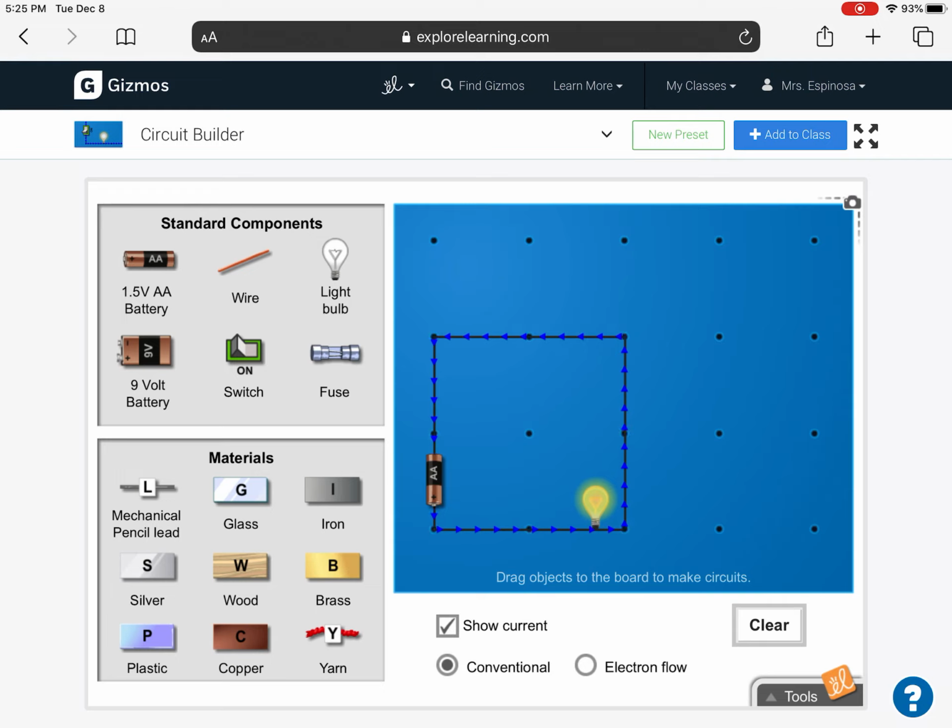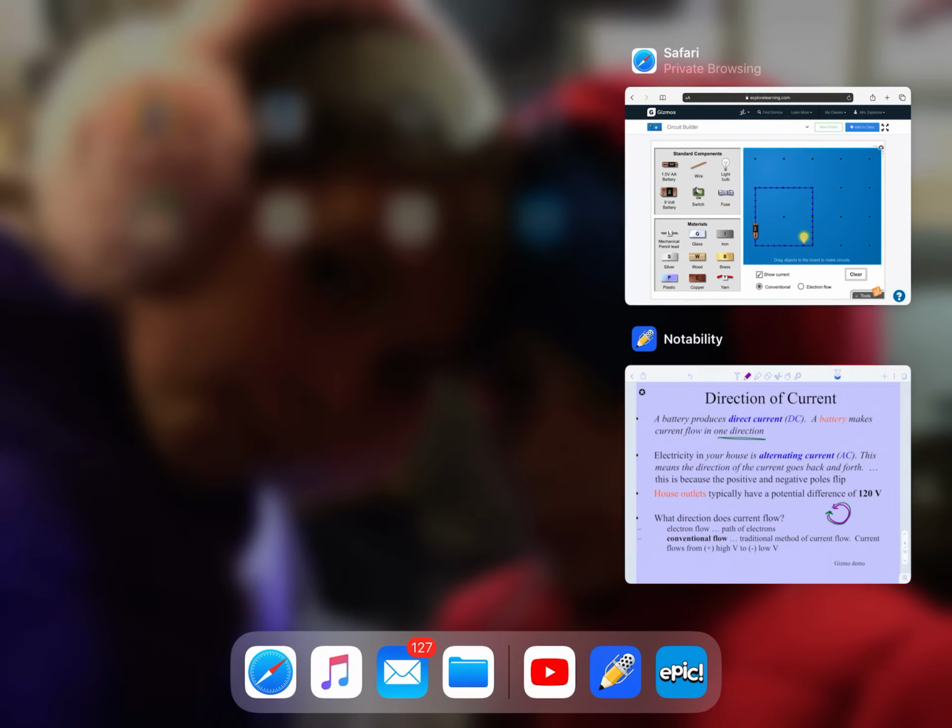And since electrons are negatively charged, and originally they thought that it was positive charges that were moving, it makes sense that the direction of the conventional flow is opposite from the direction of the electron flow, okay? So I don't want you to stress over what the electrons are doing compared to the conventional flow. I would like for you to understand that they are opposites. I would like for you to know that it is technically the electrons that are moving.